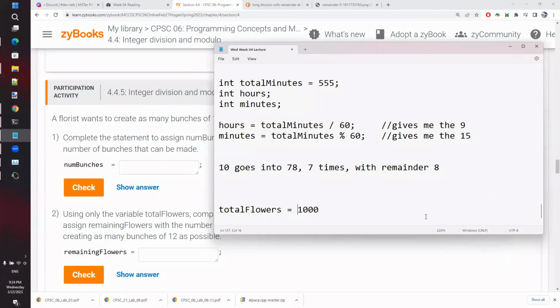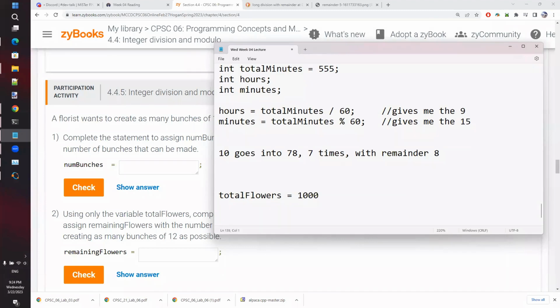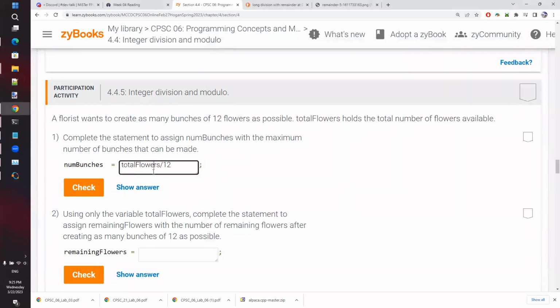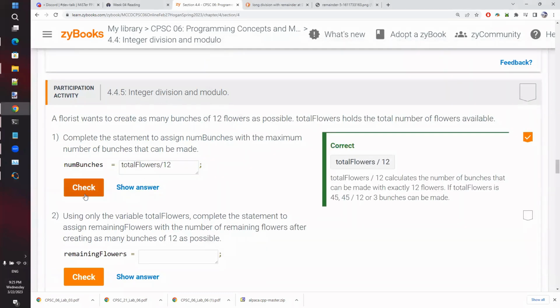If you wanted to know how many 12 bunches you could get, you would take the 10,000 and you would divide it by 12. That's how many bunches of 12 you can make, right? So you take the total flowers and you divide it by 12. That's what they want.